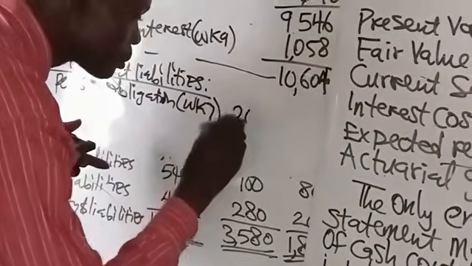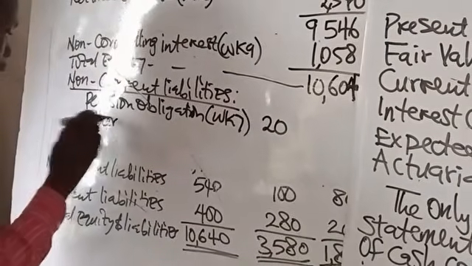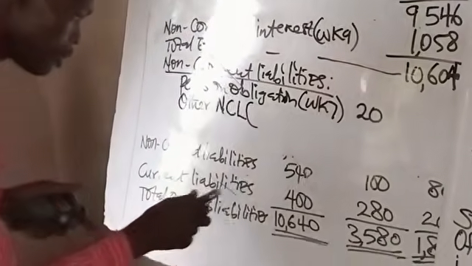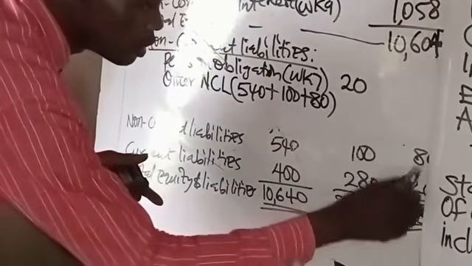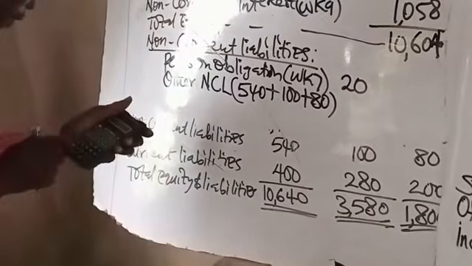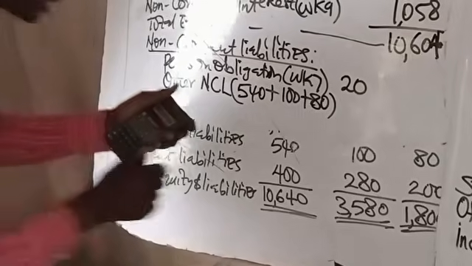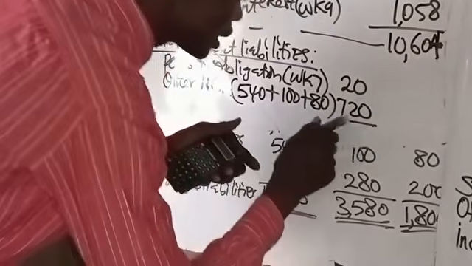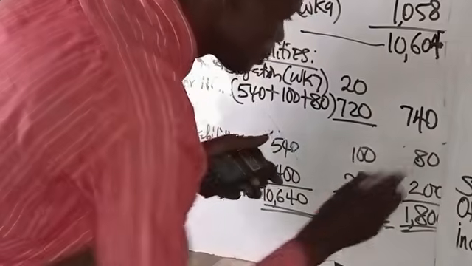Then we also have other non-current liability. We have 540 plus 100 plus 80. That is total 720. If you add the 720 to the 20, you have 740. That is the total of non-current liability.